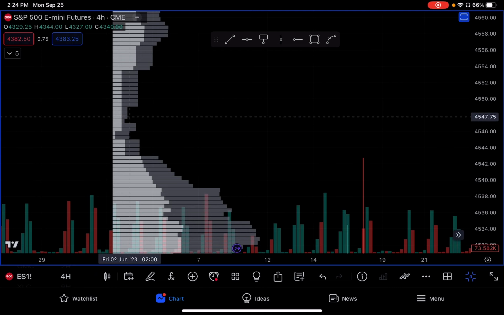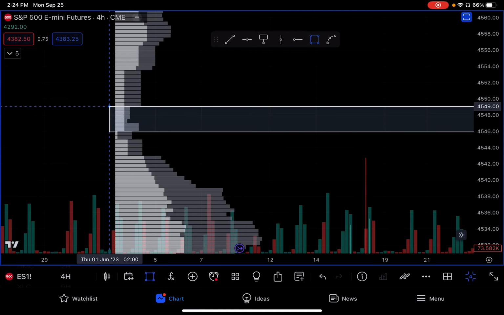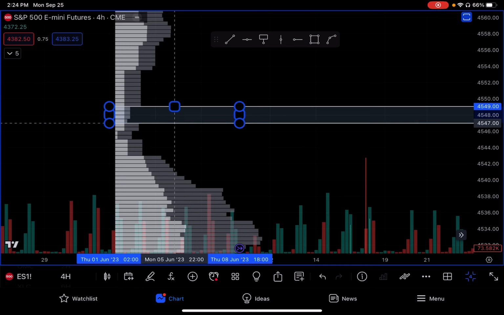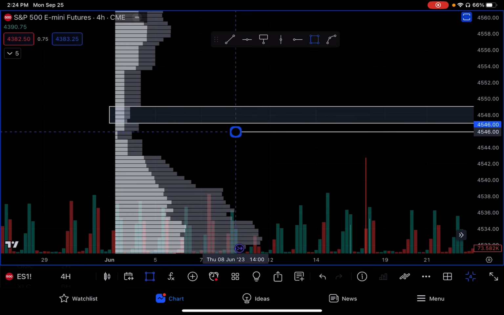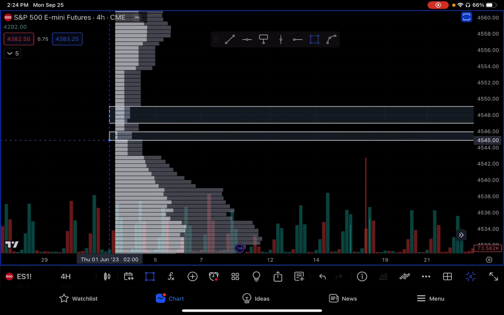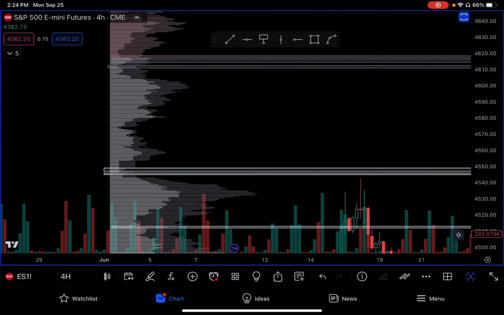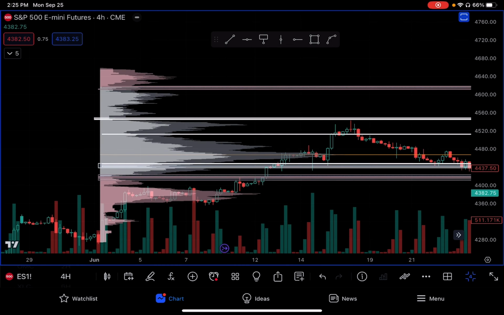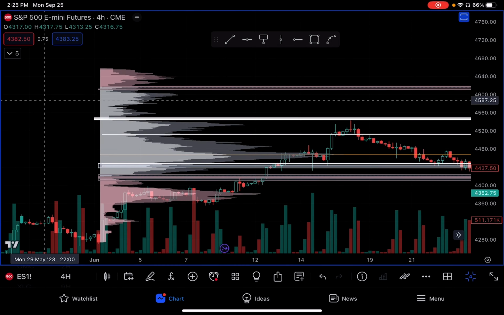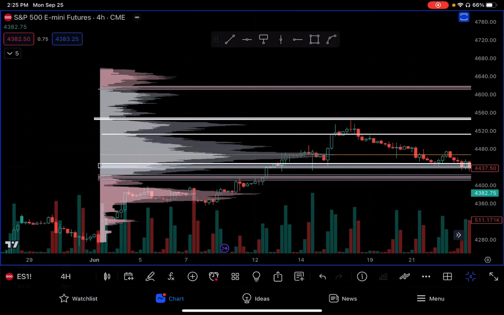These two are similar in size, so we'll mark both. Okay, like that. And then we have this little balance zone up here, and it looks like that one separates.